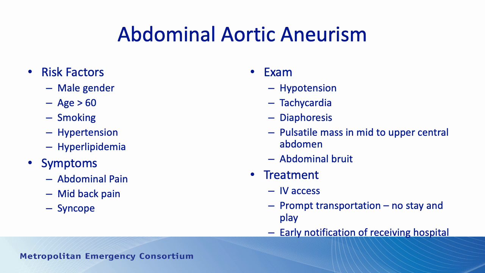And if you listen with a stethoscope, you may hear a bruit, which is a swish, swish, swish sound over this area. Treatment is IV access and prompt transportation, no stay and play. If you think the patient's got a AAA, particularly if they're hypotensive and tachycardic, package them up, get access as you go, notify the receiving hospital. Help control their pain, but avoid hypotension. If the patient's hypotensive, I'd be very careful with pain medications.